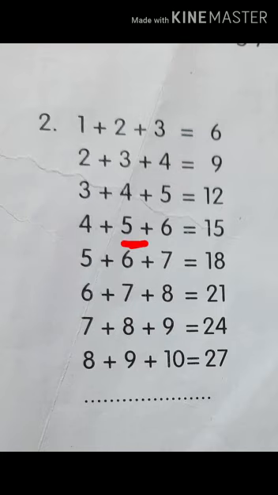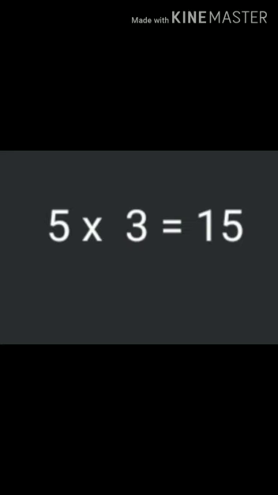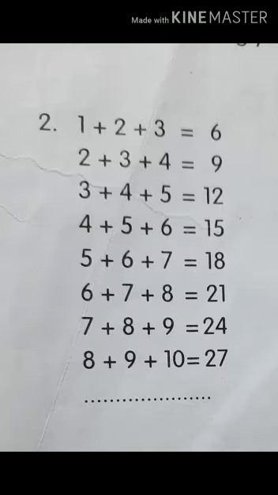So 5 multiplied by 3 is 15. So here the answer is 15. Dear students, to solve this sum, no need to do addition of three numbers. Just look at the middle number and multiply that number by 3.